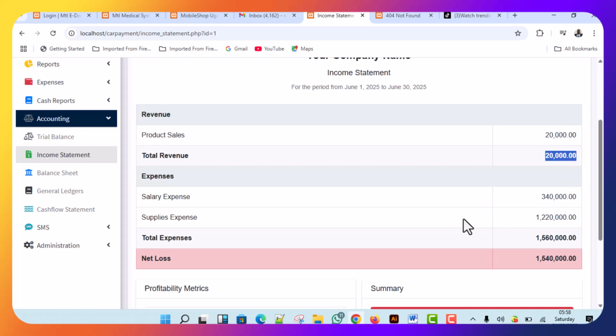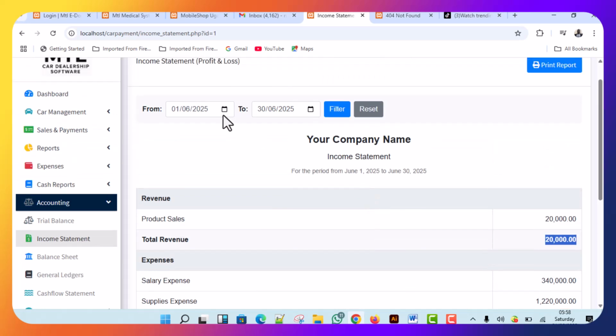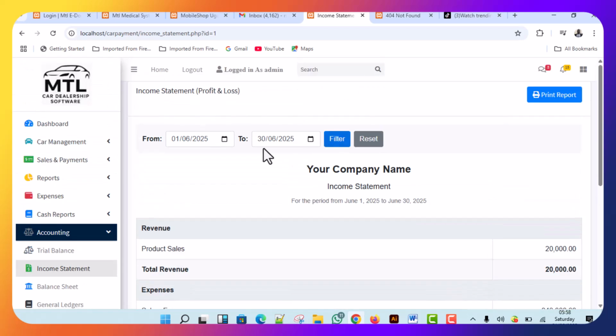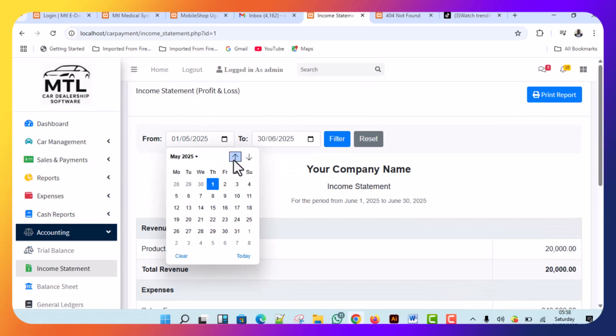Total revenue is that. Then total salary expenses is this. Total payment, total supply expense, that is that. So which means you are in loss.